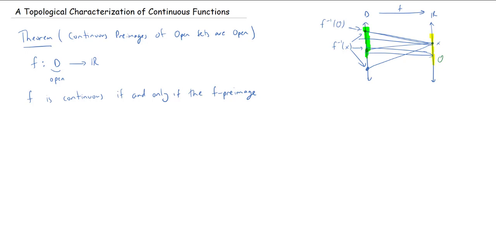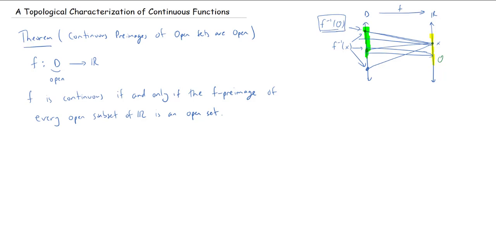So the statement here is that f is continuous if and only if the f preimage of every open set, or open subset, if you like, of R is an open set. Okay, so we're talking about these preimage sets here.